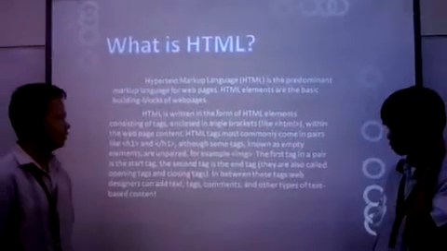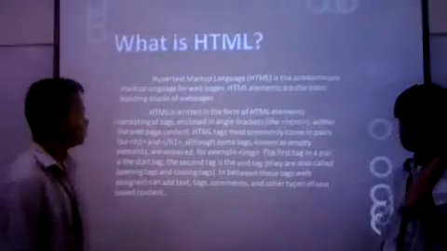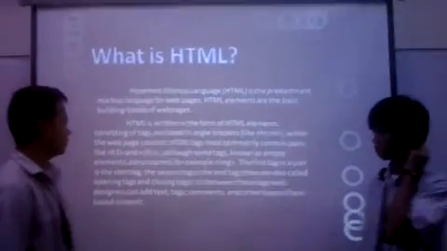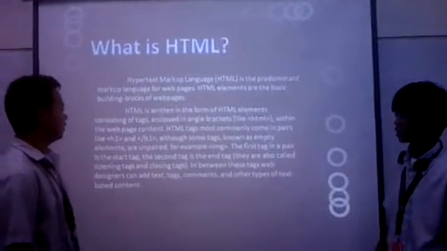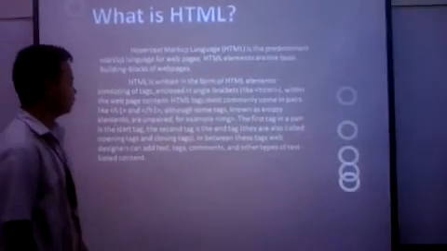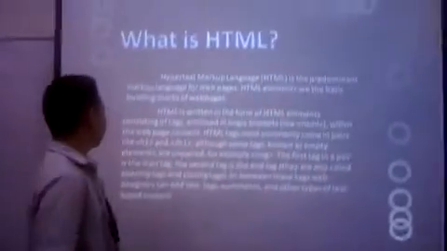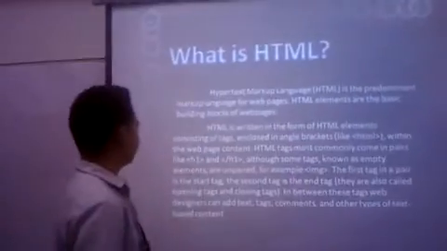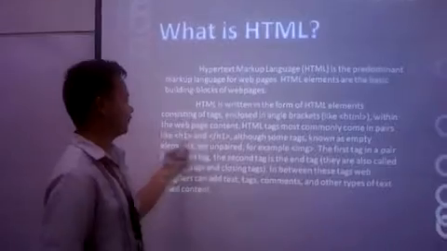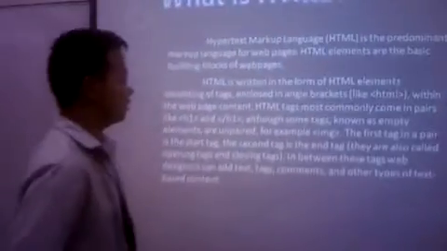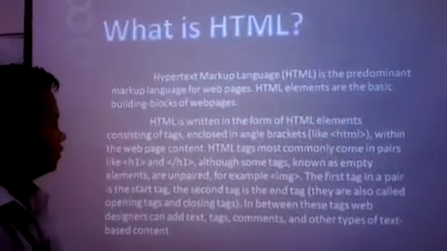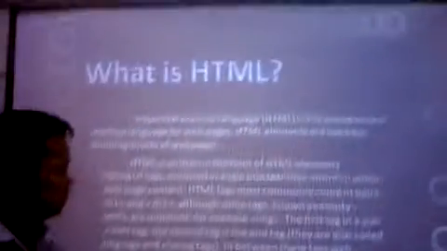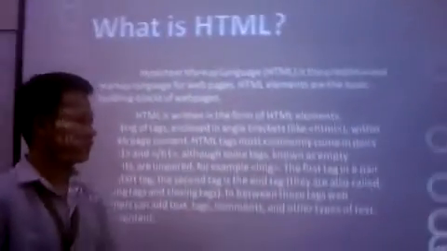HTML is written in the form of HTML elements, consisting of tags enclosed in angle brackets within the web page content. HTML tags most commonly come in pairs like this. Although some tags, known as empty elements, are unpaired, for example, IMG.